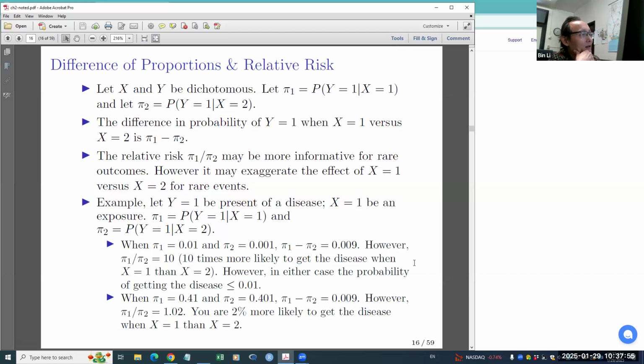Okay, now let's see the difference between the proportion and the relative risk. Now, let X and Y be binary. Pi1 is the probability of having Y equals 1 given X is 1. It's a conditional probability. And pi2 is the probability of having Y equals 1 given X is 2.